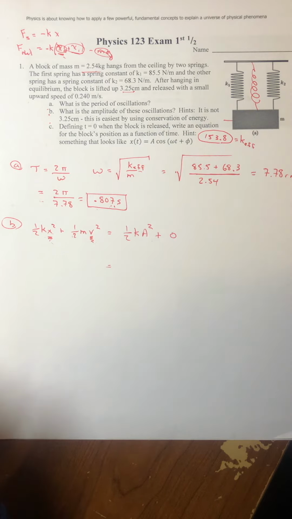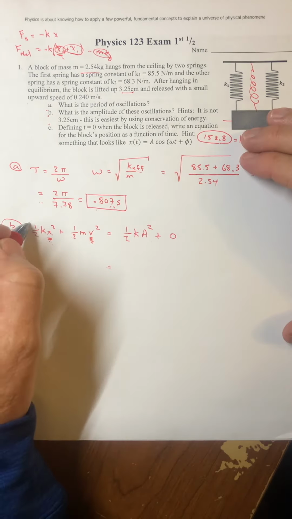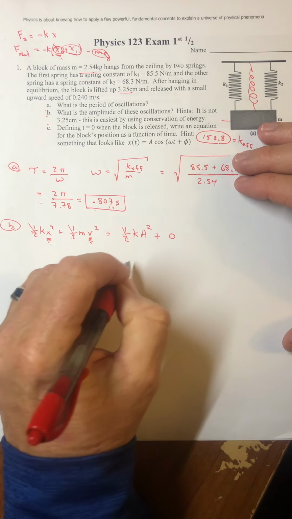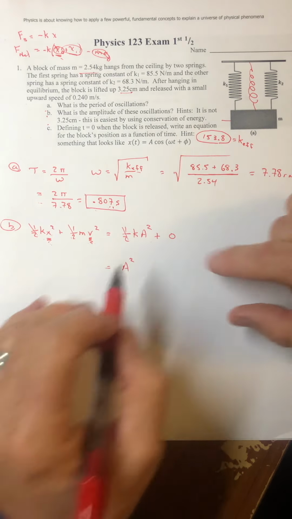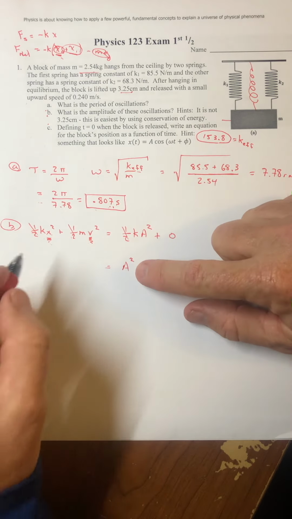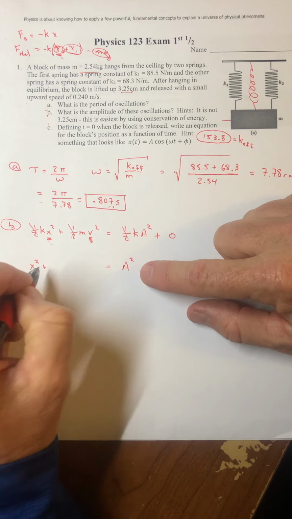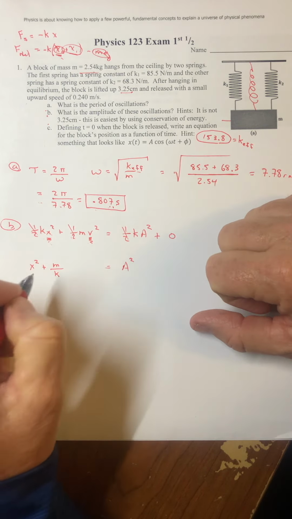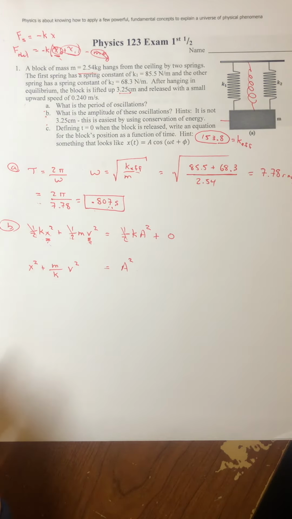And so what I'll go ahead and do, to make the math a little easier, is cancel off the 1/2. And also, maybe I'll move the k over here, so this just becomes an x squared, and this over here becomes an m over k, and then a v squared.